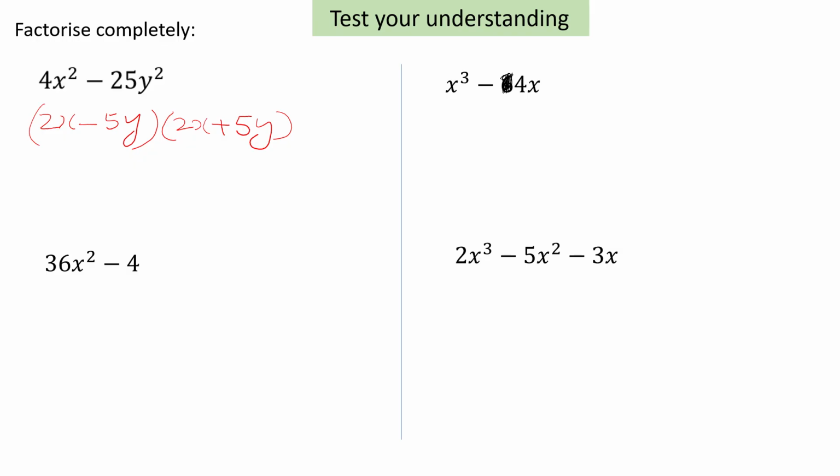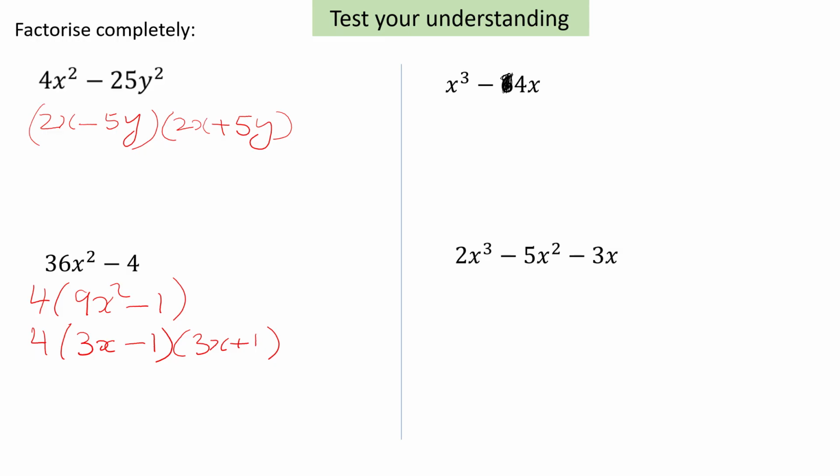You can see 36 and 4. You can take out 4 as the factor, so 4 outside the bracket. 9x squared minus 1. Now you can see again 9x squared and 1. You can factorize. So (3x minus 1), then (3x plus 1).